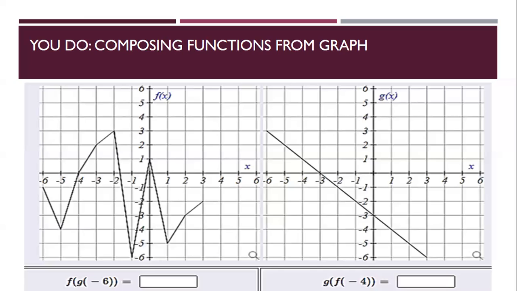You start with what's in the parentheses.